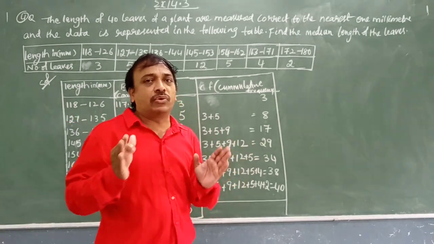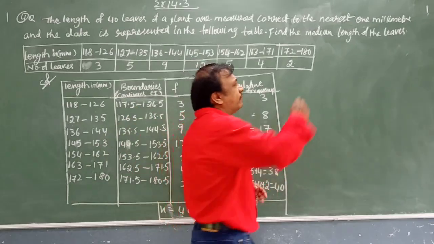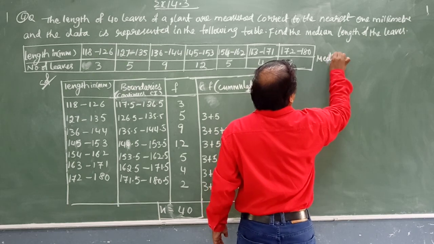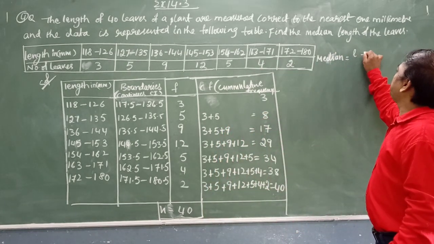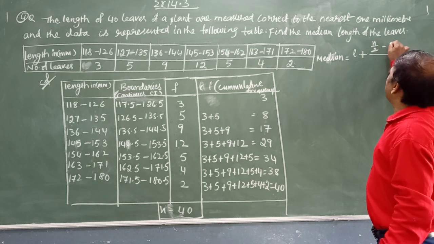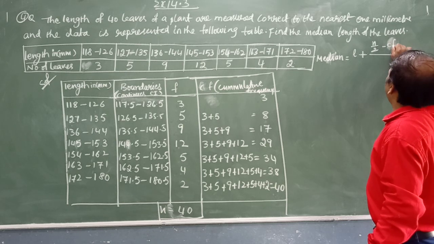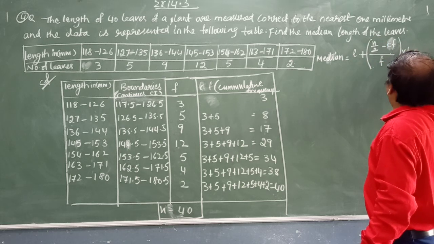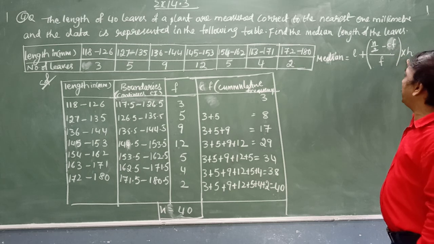Now the important part is to identify the median class interval. First we write the formula: median is equal to L plus n by 2 minus Cf by f into h.